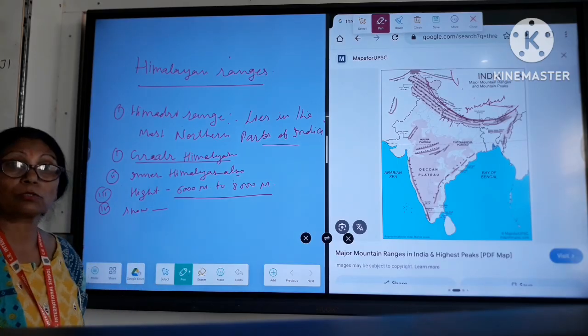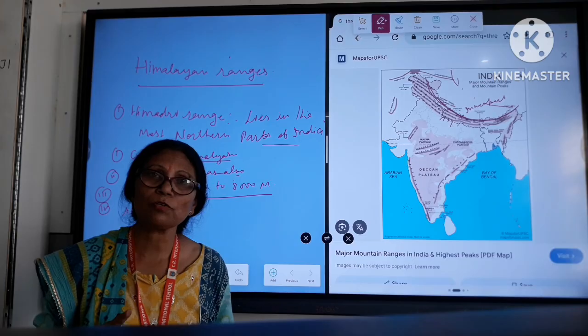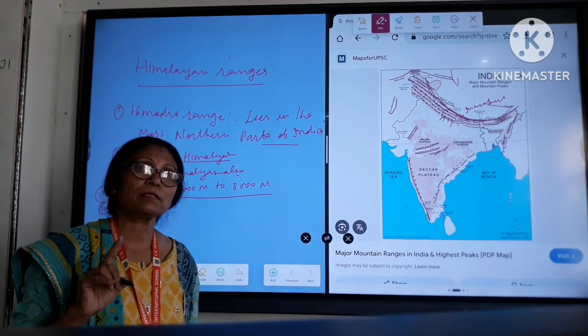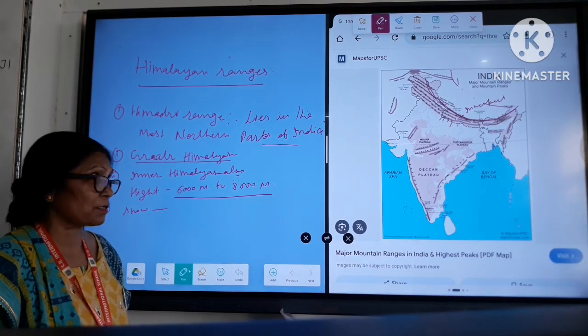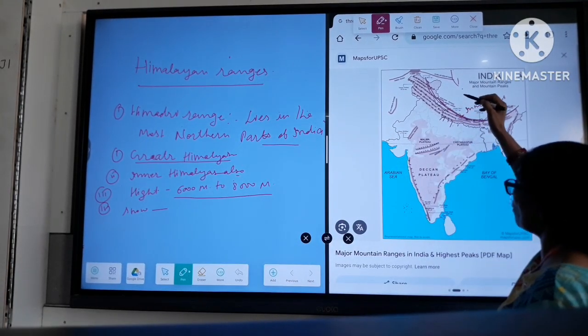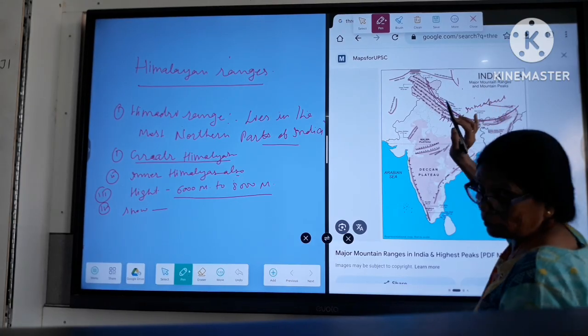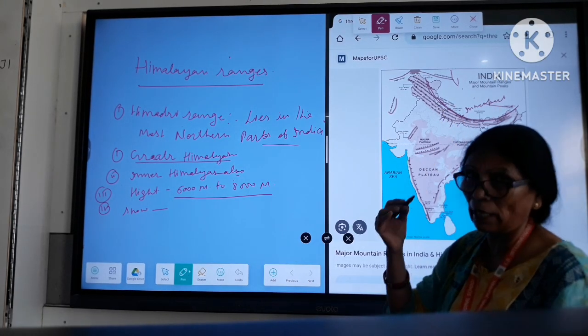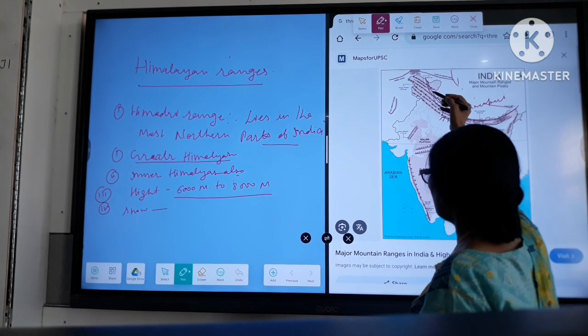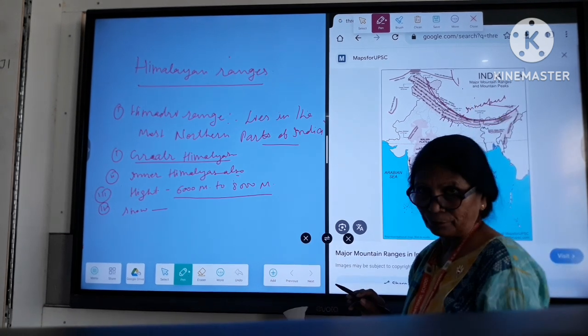That's why life is not possible for surviving here. There are no plants, no trees. You can guess, these are the mountains. There are no plants, no human beings, no water. Ice takes much time to melt, that's why there is scarcity of water.